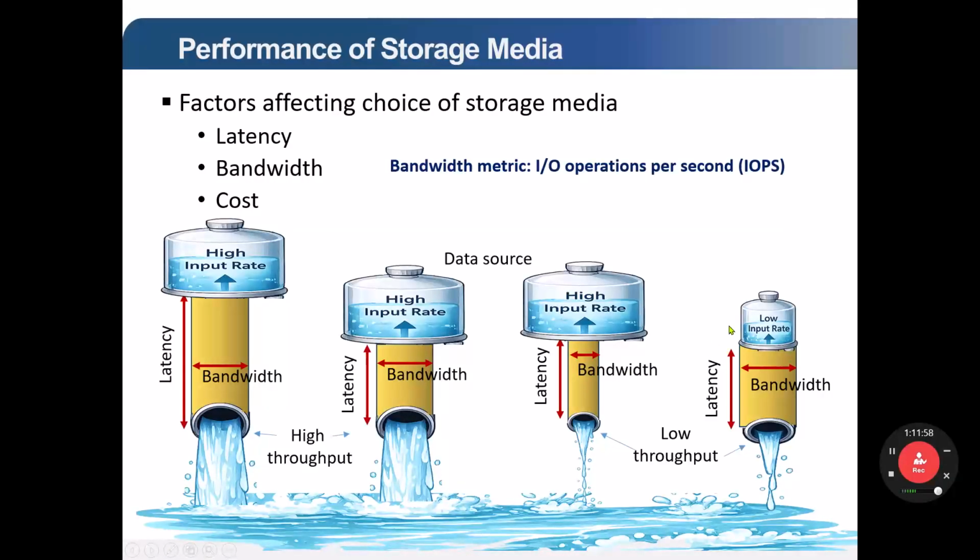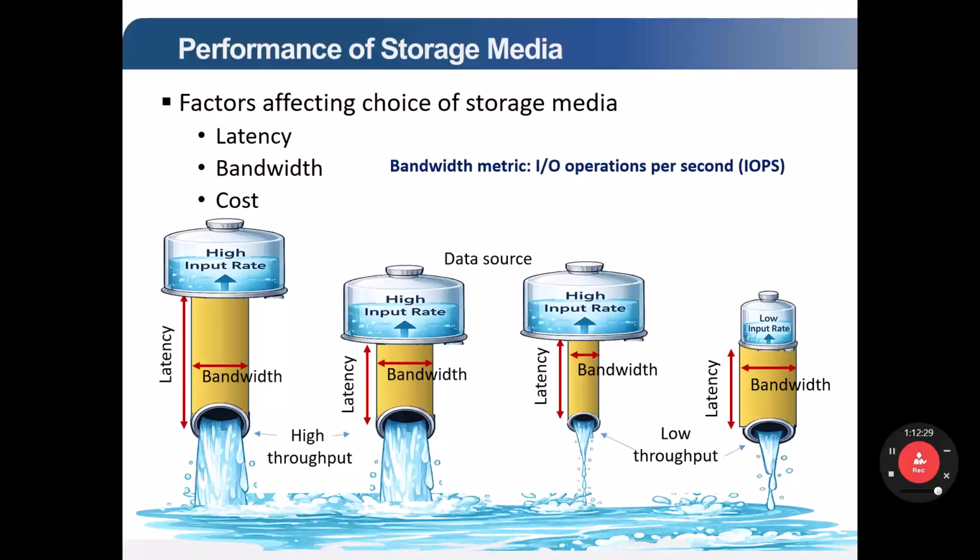When you consider performance, you should also think about the data source. If the data source has a small amount of data to transmit, even if the device has very high bandwidth and low latency, the throughput will be small. So throughput is a metric from the client, and bandwidth and latency are metrics from the perspective of devices.